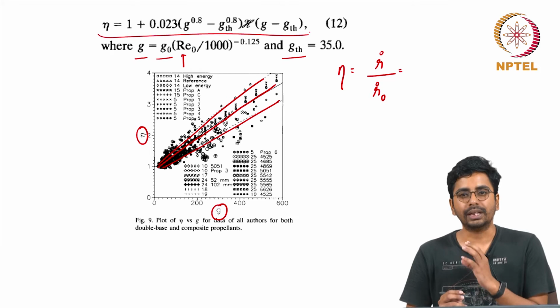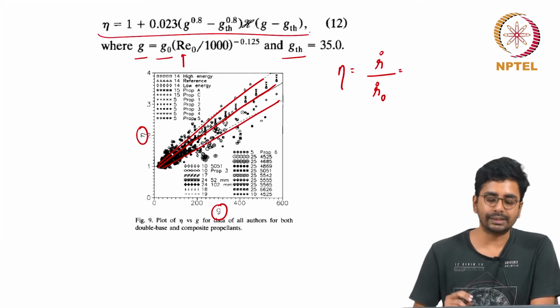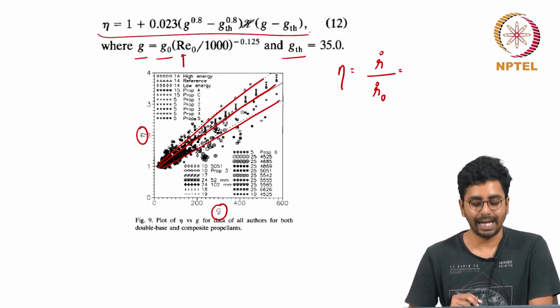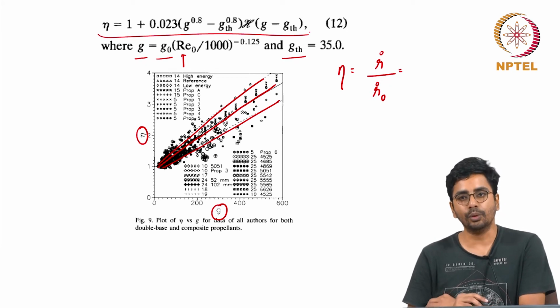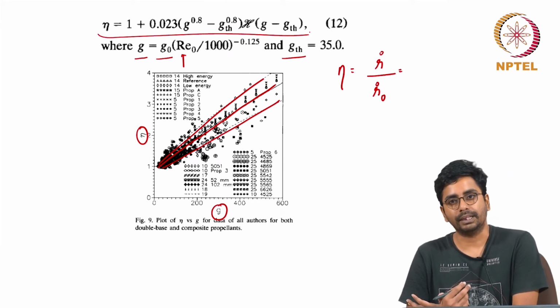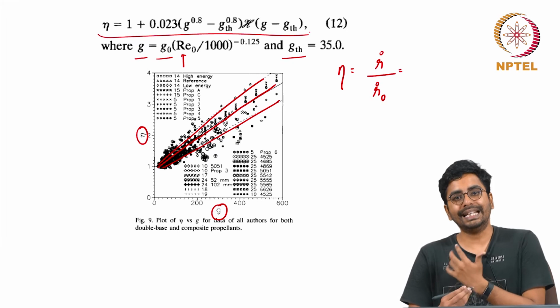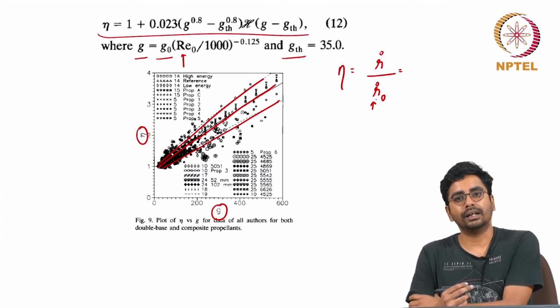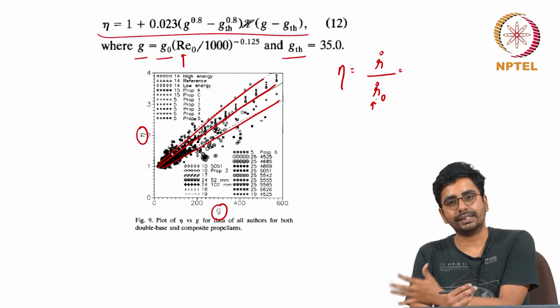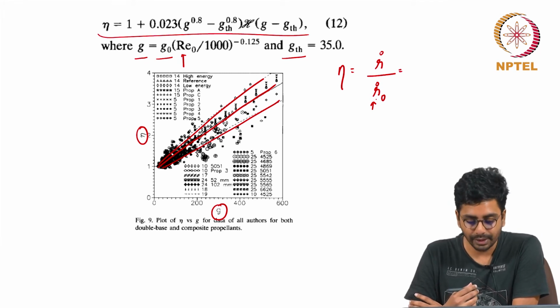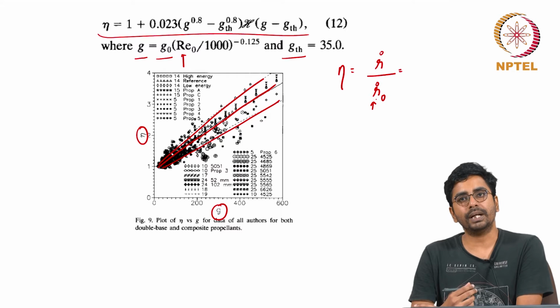Erosive burning is a fluid dynamic effect, because the only variables that appear on the right hand side of the function are the non-dimensional port mass flux and the Reynolds number. There is no variable that is a function of the composition of the propellant or the burn rate of the propellant. Therefore, while the intrinsic burn rate, R dot 0, is a strong function of the composition and many other factors, and dependent on the particle size of AP and the very specific ingredients used for making propellants, erosive burning is independent of all those effects.